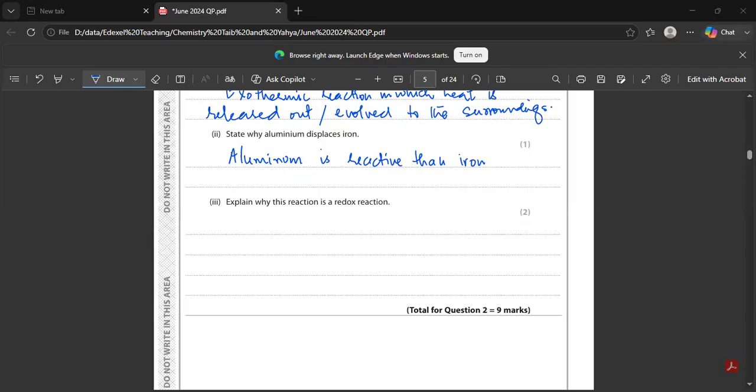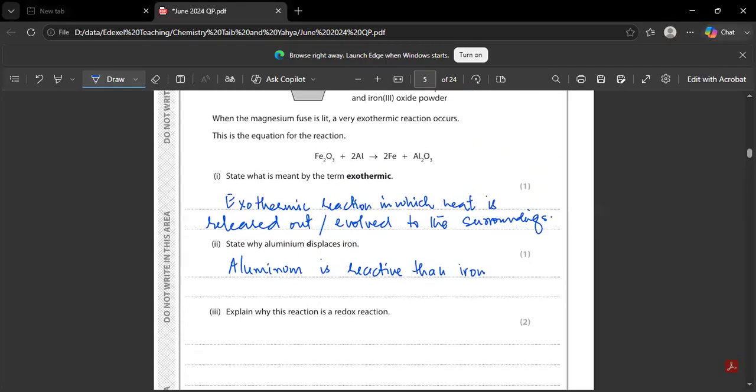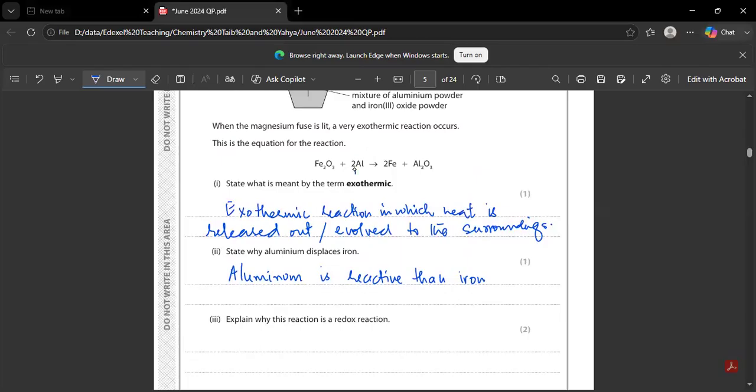There must be a change of oxidation numbers, and we have to specify which element is losing electrons and which is gaining. In a very simple way, if you look at the reaction, aluminium does not have oxygen on the reactant side, but after the reaction, aluminium has gained oxygen and forms aluminium oxide.